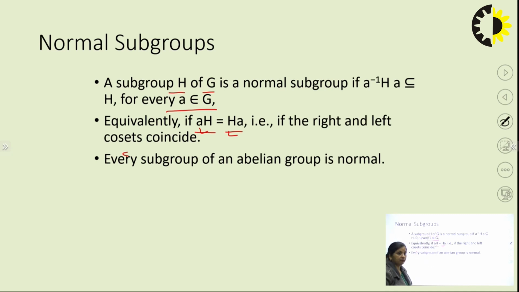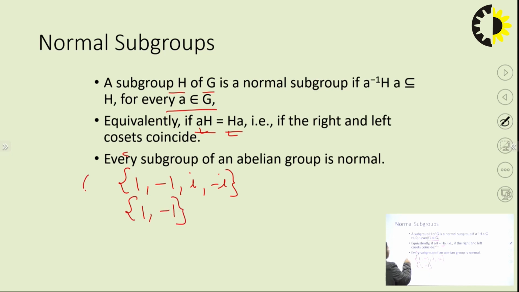We can take the same example. What is my example here? I have the group 1, minus 1, iota, minus iota. My subgroup is 1, minus 1.